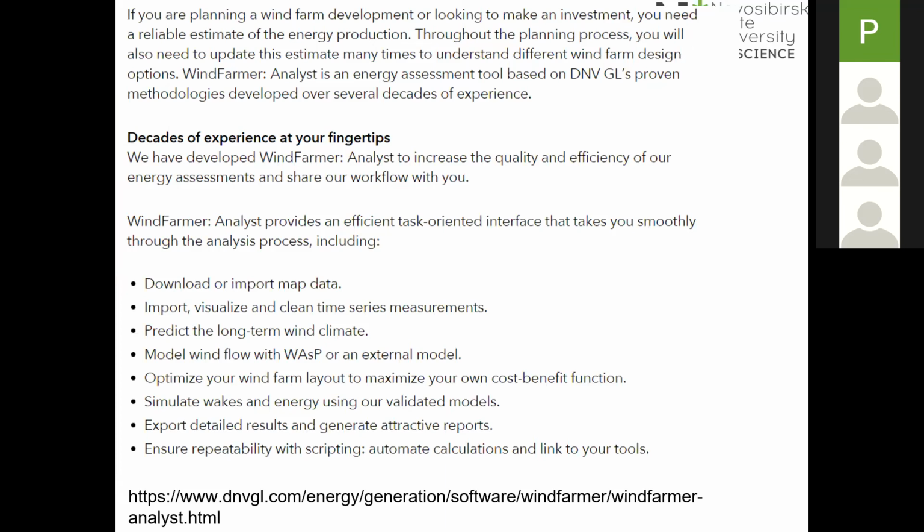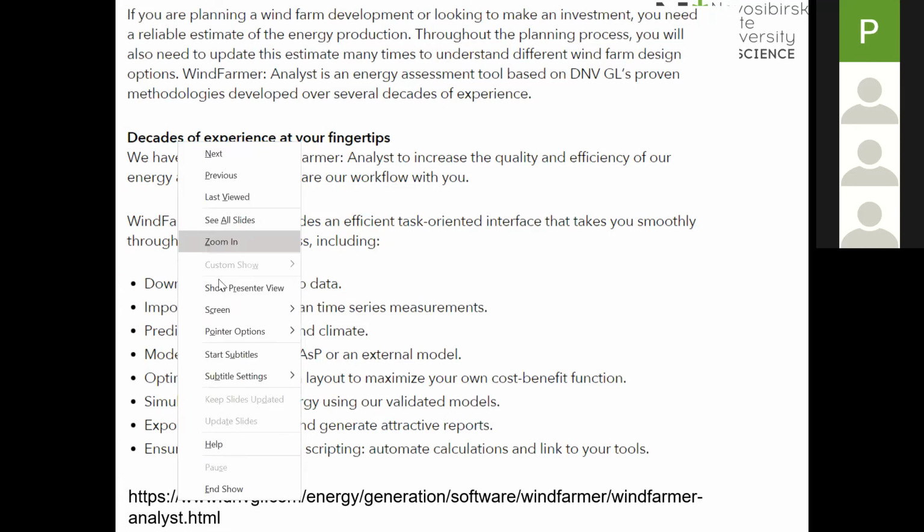Okay, what happens then is that wind data is processed. And it's processed by some pretty sophisticated software. Here is an example of the manufacturer's or the software provider's specification of a very well-known piece of software called WindFarmer.